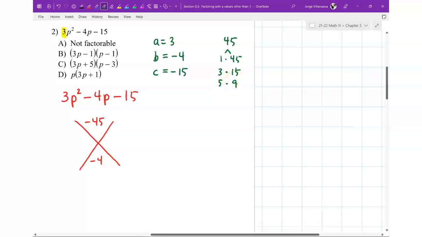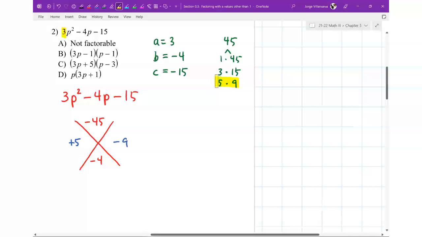Those are all my factors of 45. 1 times 45, 3 times 15, 5 times 9. Which one of those combos will multiply to a negative 45 and add up to a negative 4? A 5 times a negative 9. So let's see. A positive 5 and a negative 9. So 5 times a negative 9 is negative 45. So that's good. And 5 minus 9 is negative 4. So perfect. There we go. We use this little combination right here, the 5 and the 9.